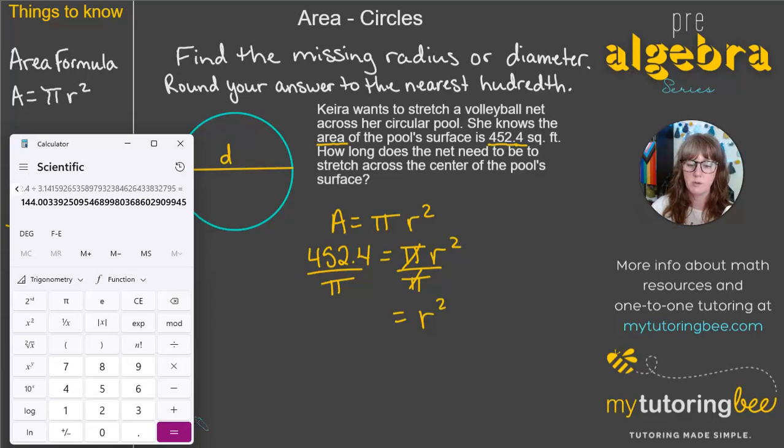We still have to figure out what r by itself is, so that means we have to find the square root, and then we have to find the diameter. So we still have more calculations to do. So what I'm going to do is go out a few more decimal places further than what I normally would, just to make sure that I'm not rounding too early, too close to that place value that I want to round to at the end.